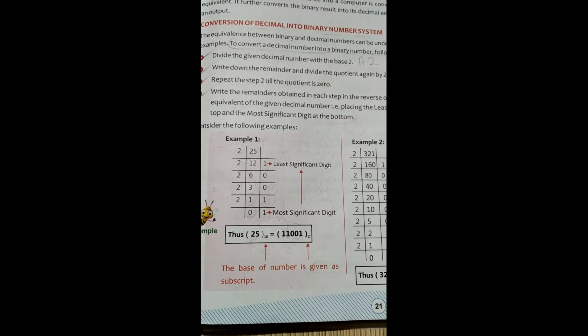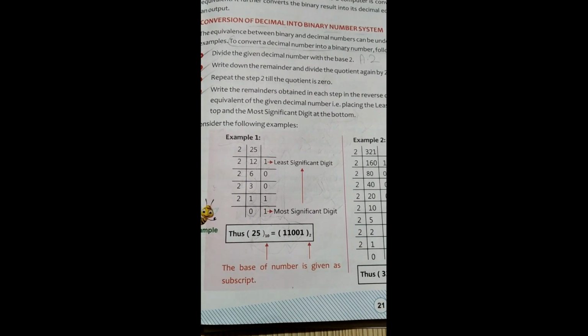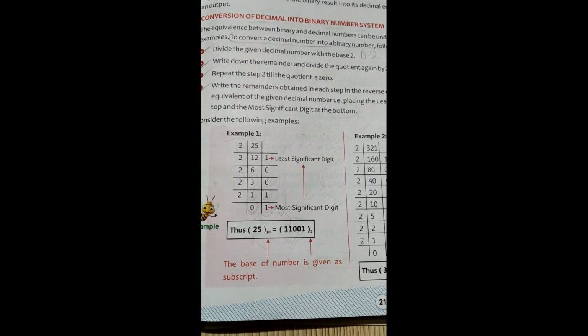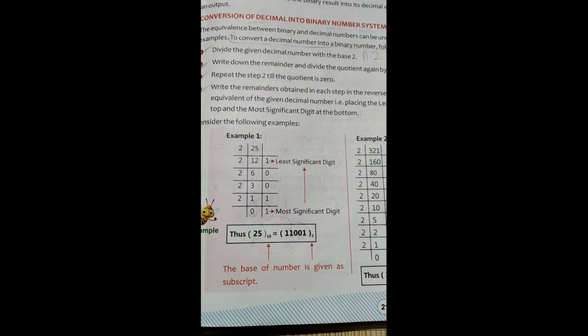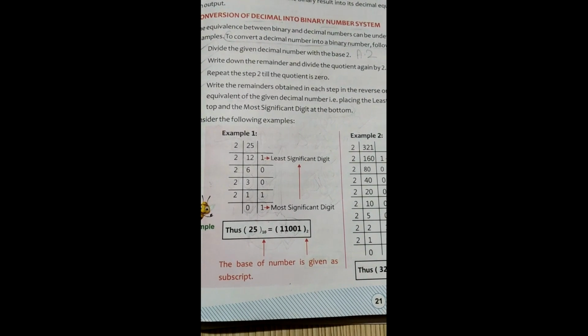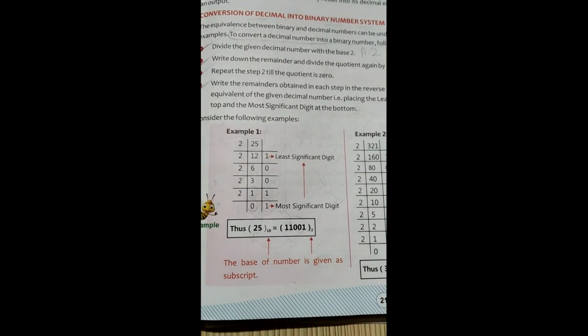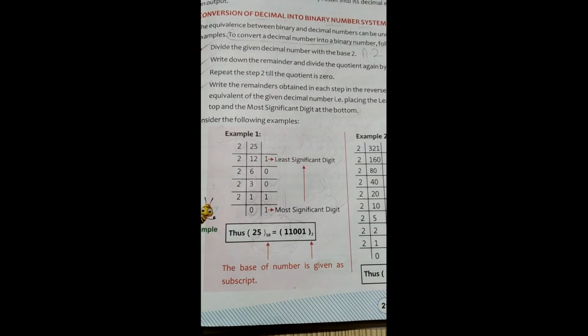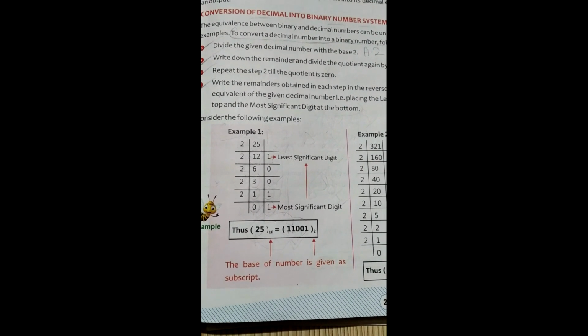Now I will explain how to convert a decimal number into a binary number. For that we have to perform some steps. The first step is to divide the given decimal number by the base 2. Why do we divide by 2? Because 2 is the base of the binary number.